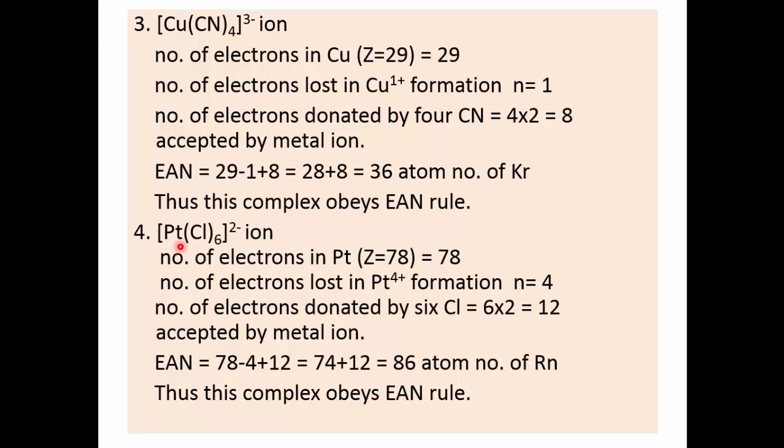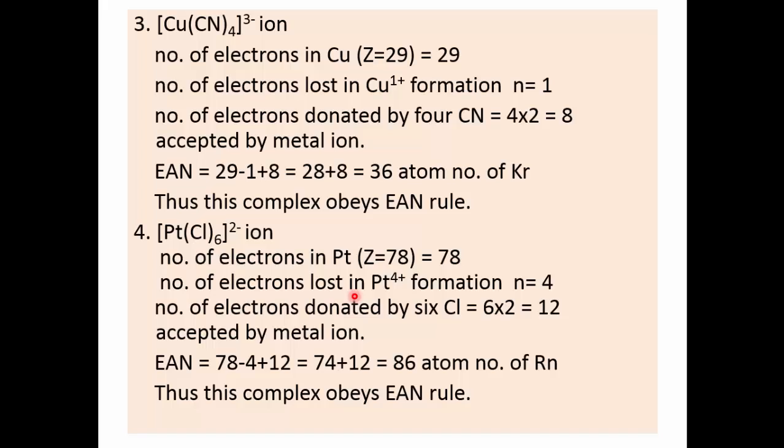Next example, [PtCl6]2- ion. Again see how this 2 minus charge is obtained. So chloride 6, therefore minus 6. For this 2 minus, on platinum there must be plus 4 charge. Therefore plus 4 minus 6, it becomes minus 2. Start. Electrons in platinum, atomic number Z is 78. Therefore Z value is 78.